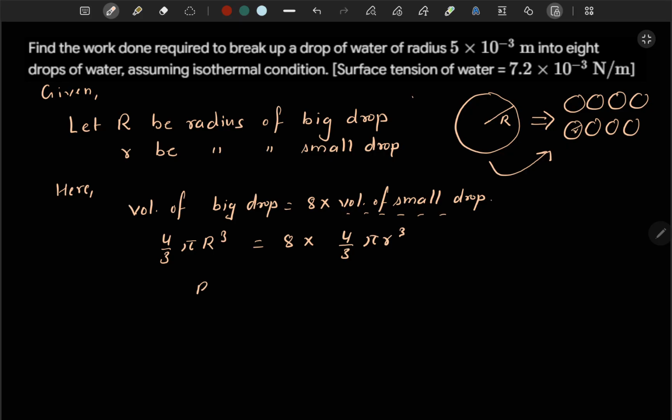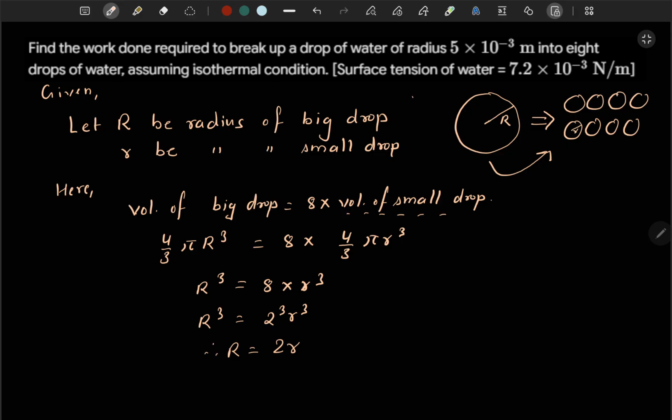4 by 3 cancel, R cube is equal to 8 times small r cube, and R cube is equal to 2 power 3 r power 3, so finally R is equal to 2r.